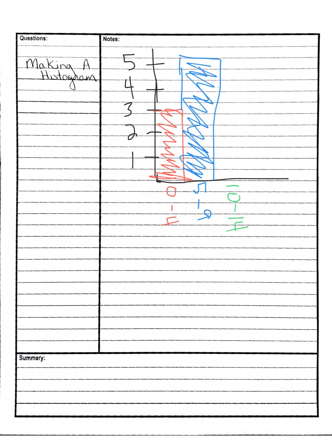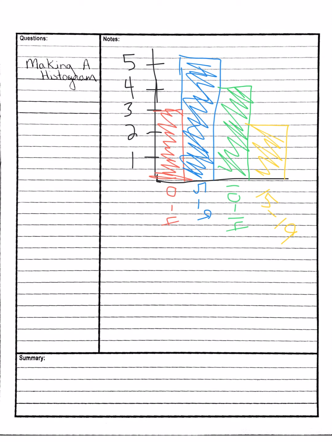It went up 4, so we go up. Again, these are touching. And last but not least was 2, which was our category of 15 to 19. So this is a histogram that represents the data that we just collected with the intervals, or the frequency table.